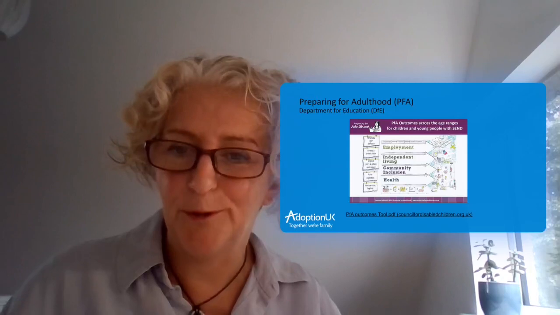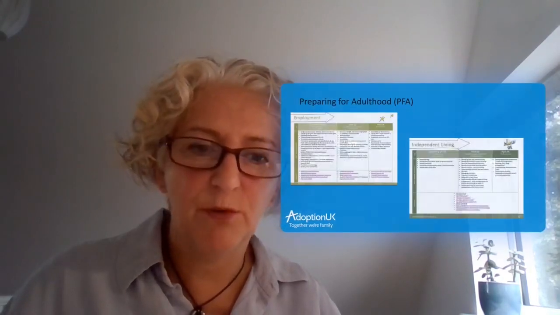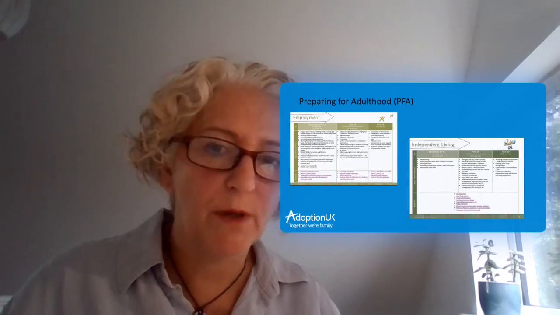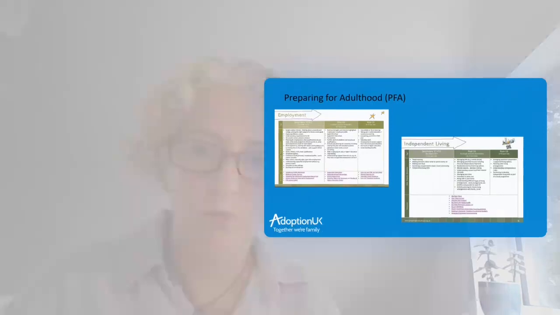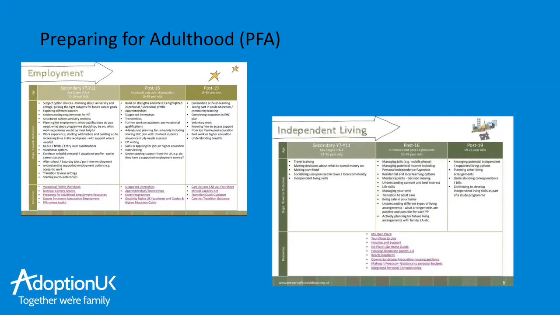And I'm going to recommend the Council for Disabled Children links, because we could have another whole hour on this, and we certainly haven't got time for that. So just to give you an idea of what you will find on their website, there are different sections. I'll just highlight one here for you.